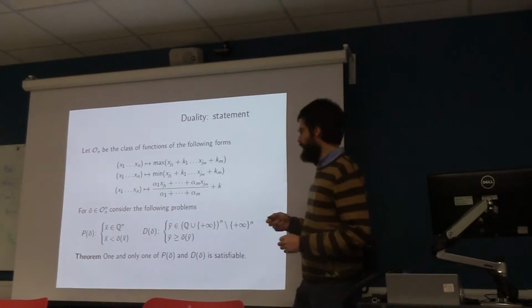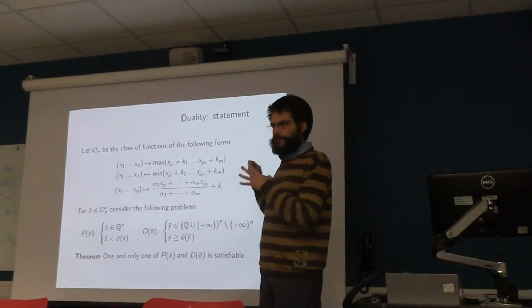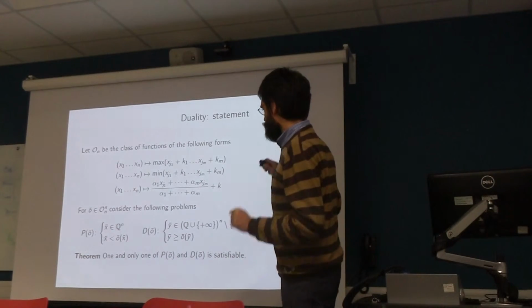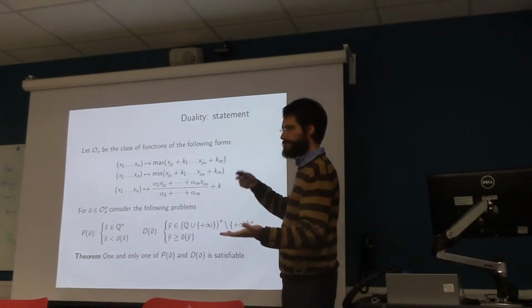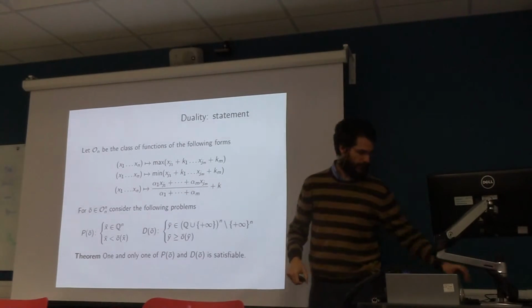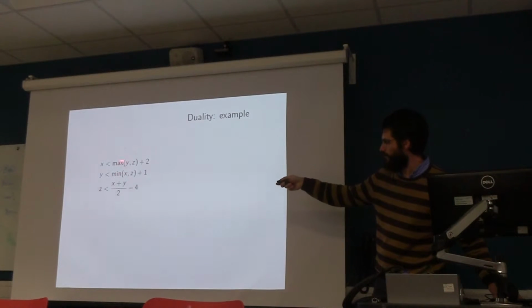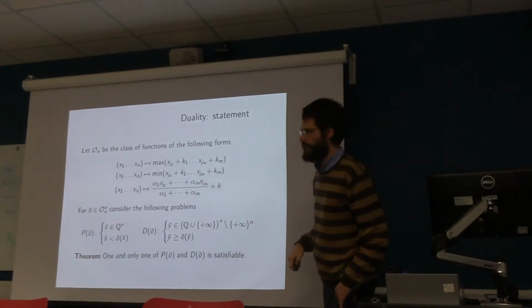And we can find it using this duality. Again, don't try to read the formulas. I'll tell you what it says. We have O_n, which is the class of those functions in this form: max plus constants, min plus constants, and weighted averages plus constants.